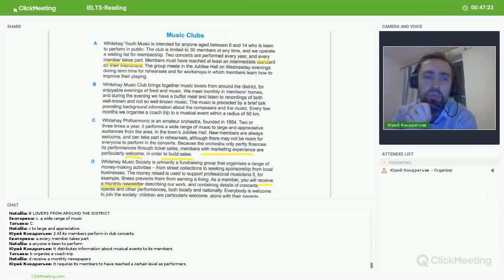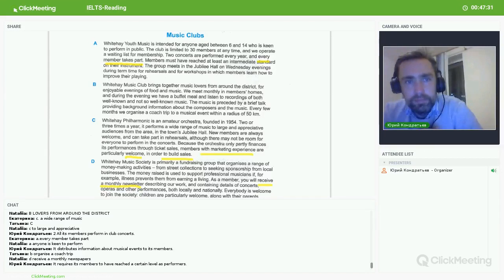Okay, it requires its members to have reached a certain level as performers. So we need a paraphrase for reach, or maybe it's the same, a certain level, and maybe performer.